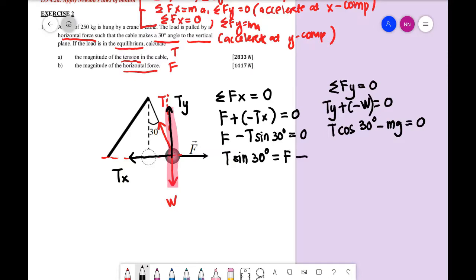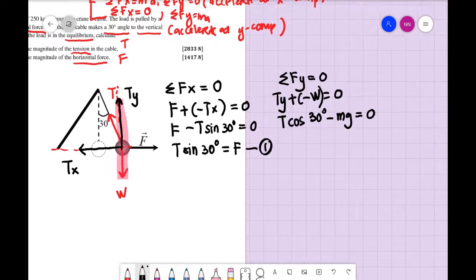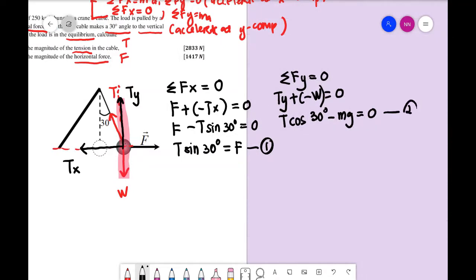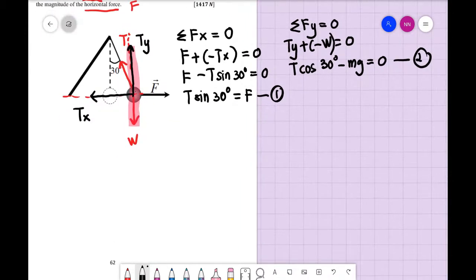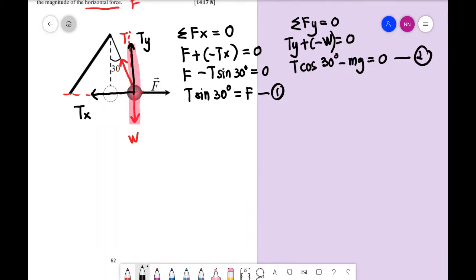So this is equation 1, and then this one is equation 2. Okay, so we can divide equation 1 with equation 2. Left hand side of equation 1 divide with left hand side of equation 2.